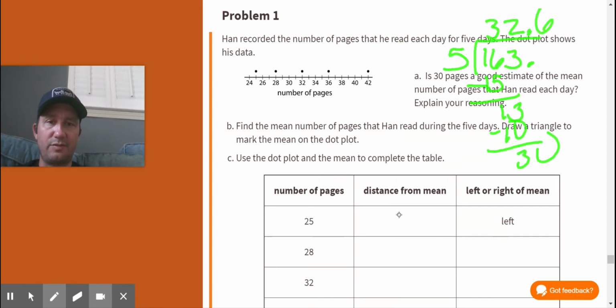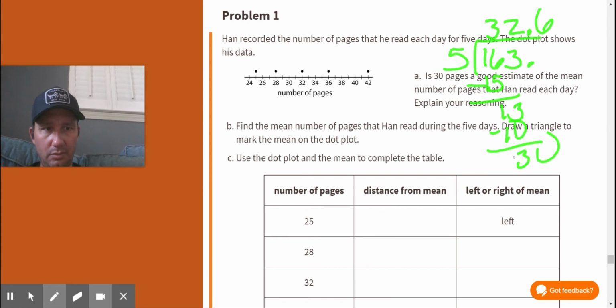So the distance from the mean, this is where people are going to, see if I can show you on here. Keeping in mind, when I do these, if you're using a calculator, which again, I don't totally care. Hold on. Let me make sure I added that up correctly first, because that'd be kind of embarrassing.